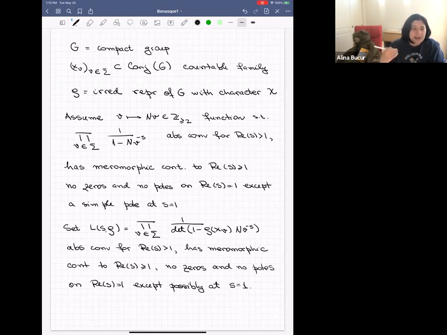So pretty much any L function you can think of fits into this description, right? And of course, if I take... this is exactly the setup that you have, say, for the prime number theorem, where the group has exactly one element.